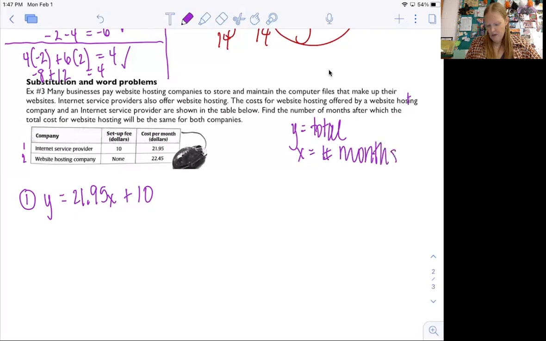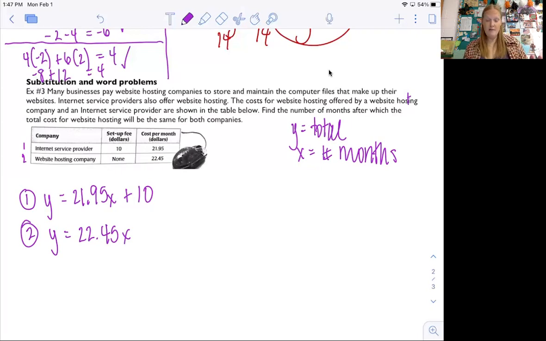It's okay if you're not to the point where you're defining variables, but we'll keep working on that. My second equation is the total cost is equal to $22.45 a month, and there is no sign-up fee, so the y-intercept is 0. I don't write plus 0 because that's kind of weird.